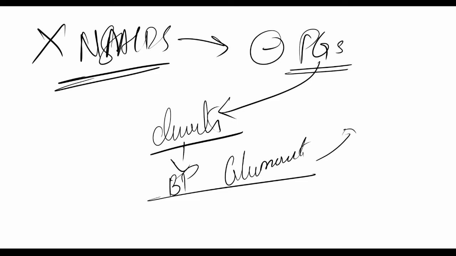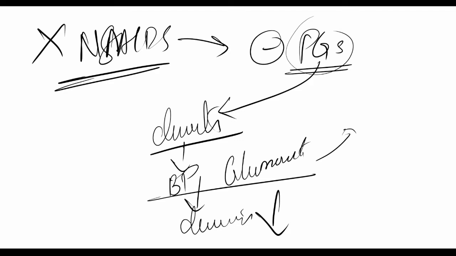When NSAIDs block the prostaglandins, the BP reduces and hence diuresis decreases significantly. So when you're using diuretics with NSAIDs, there might be a loss in efficacy. It's not actually advised, but it depends on the necessity of the patient and various other factors, which should be left to the physician's judgment.